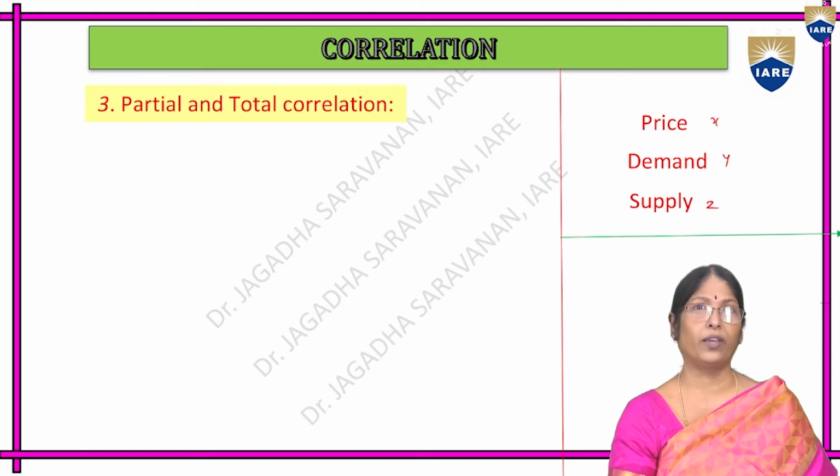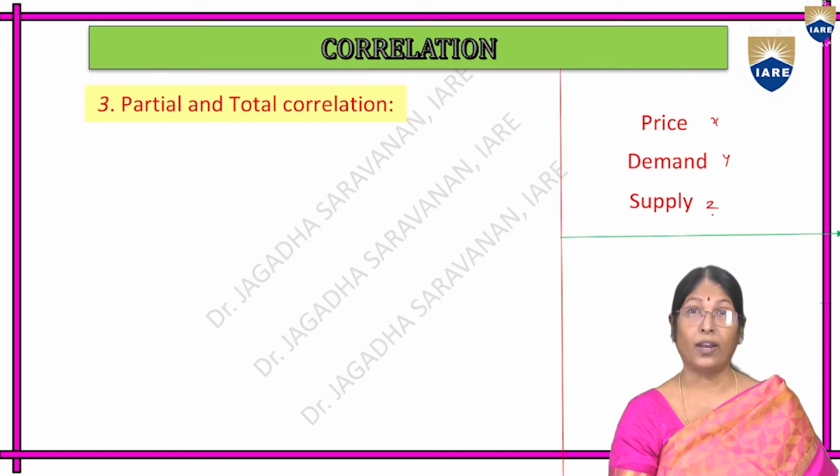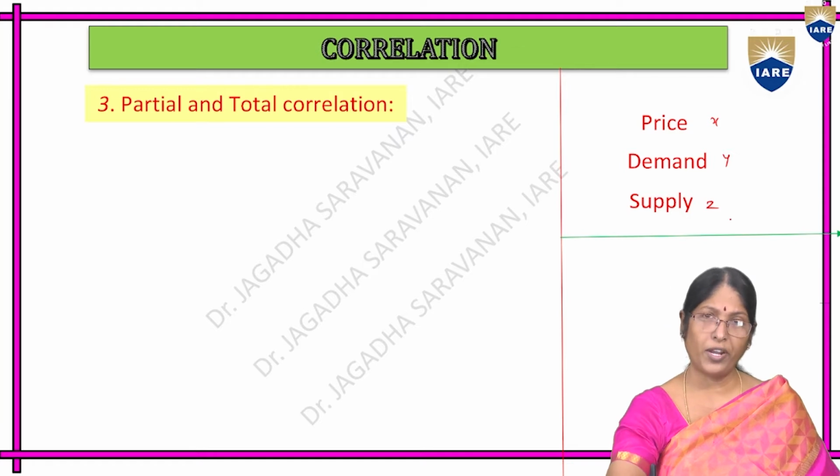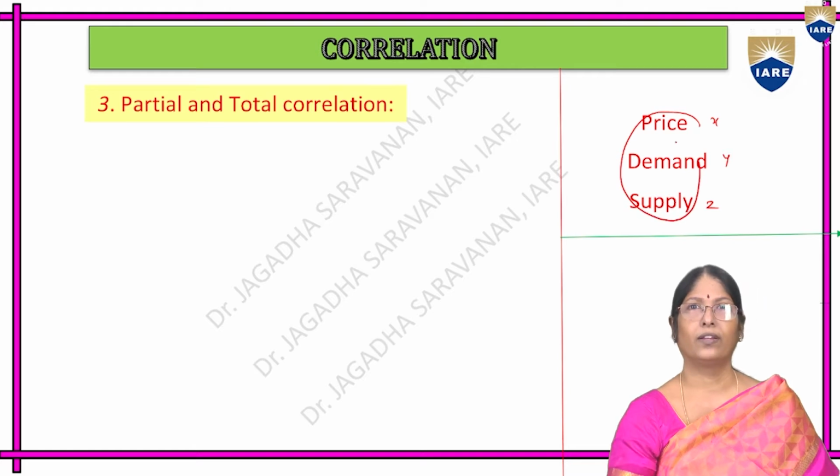But what we are doing is, among the three, the last one, supply, I am neglecting. The three are given, but one we are not concentrating on. That is called partial correlation. We are neglecting some of what is given to us. If you concentrate on all of the total that is given, which is 3, that is total correlation.